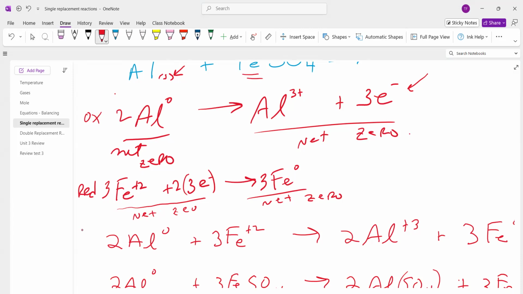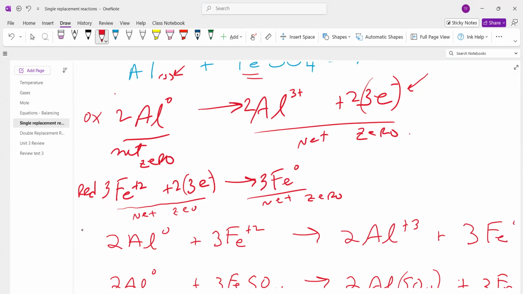Multiply everything by 2. We have 6 electrons being given off, and we're receiving 6 electrons. Okay, 2 times 3, positive 6. 2 times 3, negative 6. So we have net 0, both sides. Okay, so let's add these two together.